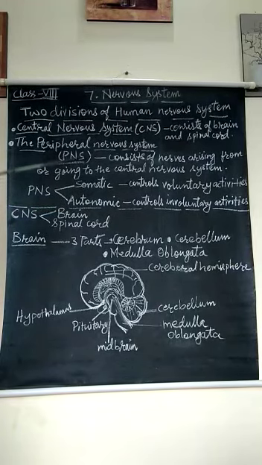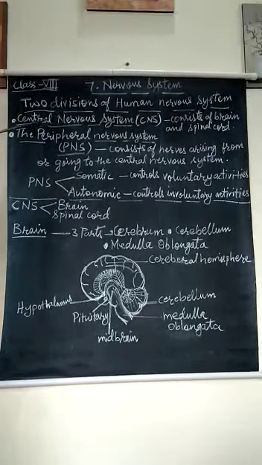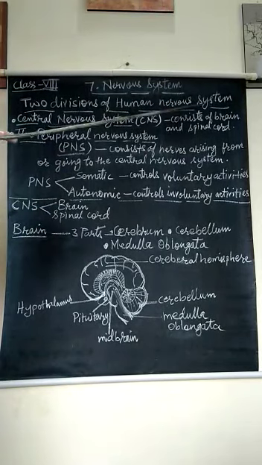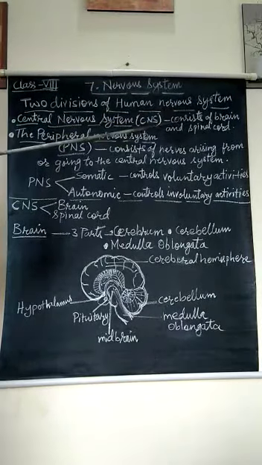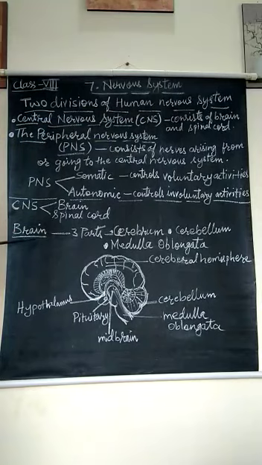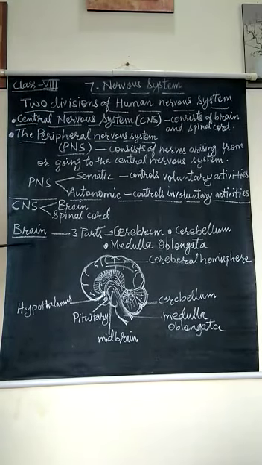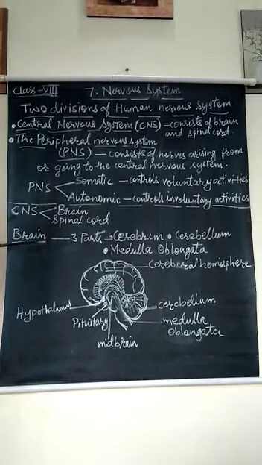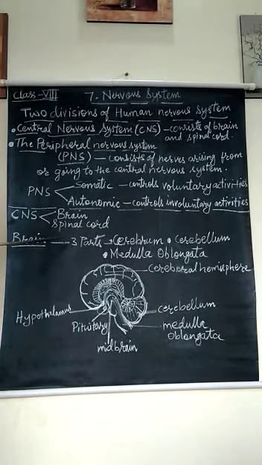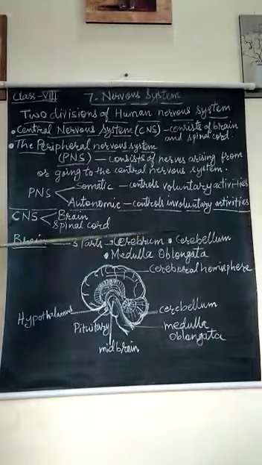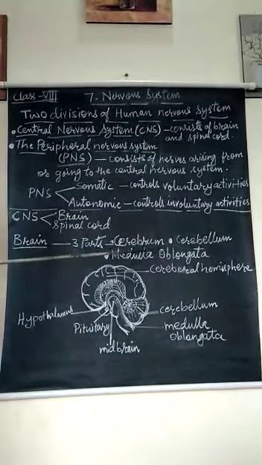In the beginning I have said that central nervous system consists of brain and spinal cord. So in today's class I am explaining brain, and in tomorrow's class I will explain spinal cord. So let's see about brain. Brain has three major parts, that is cerebrum, cerebellum and medulla oblongata.